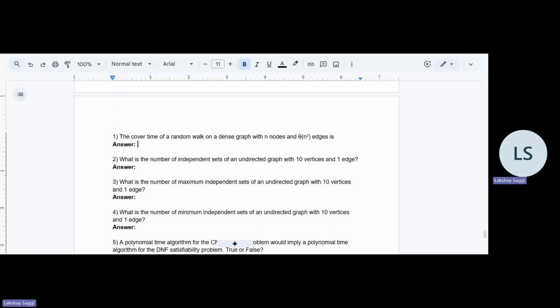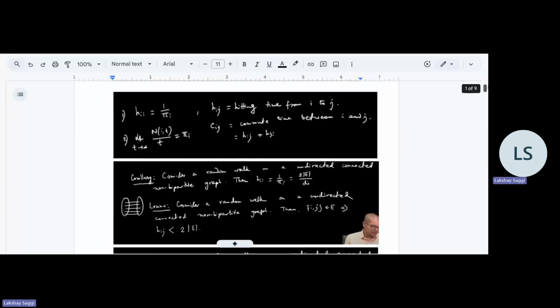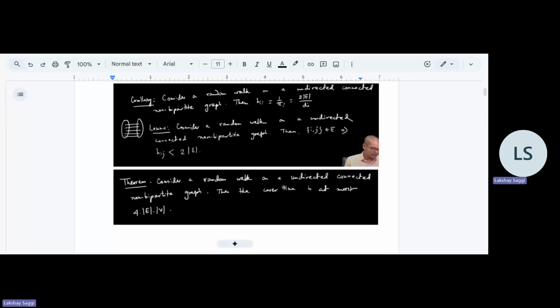The first problem is: the cover time of a random walk on a dense graph with n nodes and theta n square edges is? So we already saw that for a random walk on an undirected graph, the cover time is at most four times number of edges times number of vertices.